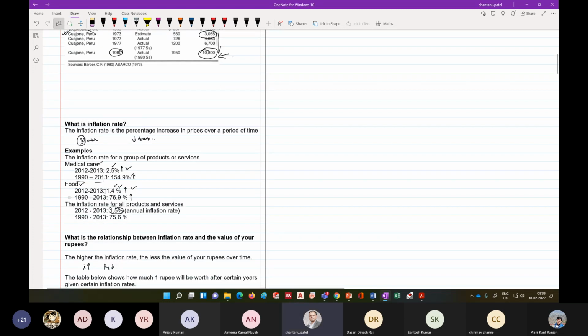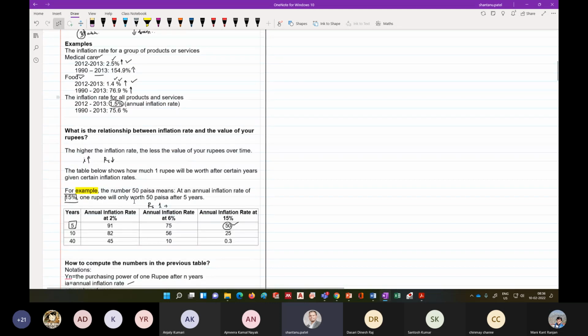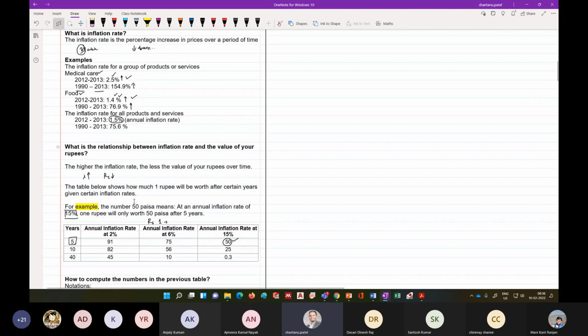And then I talked about these things, and we were talking about this table. What it says is, if you have different inflation rates: in the first case, we have 2% inflation rate, in the second case 6%, and in the third case 15%. So let's say we have 15% inflation rate.